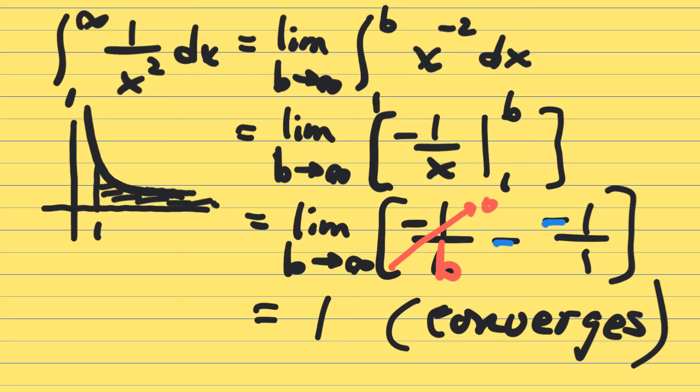Okay. The last example is going to look a lot like this one, except we're going to change our integral limits up. And we're only going to integrate from 0 to 1, whereas in the last 3 examples, we've always gone from a finite number to infinity.